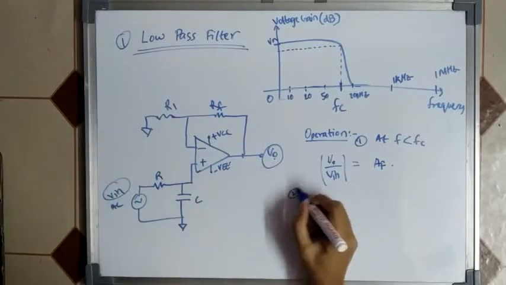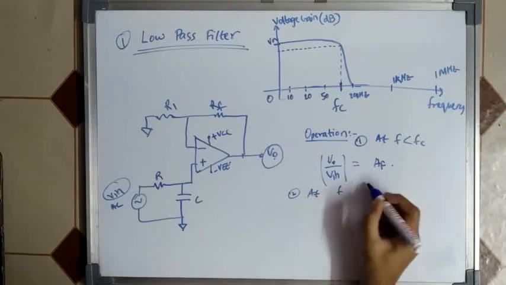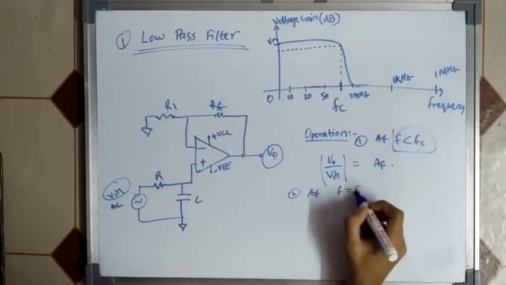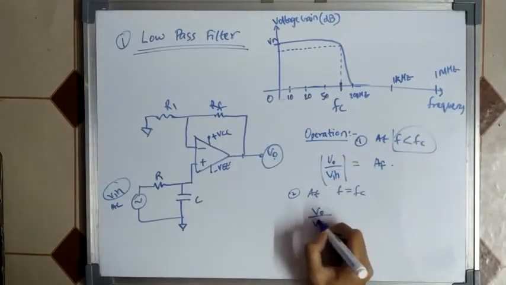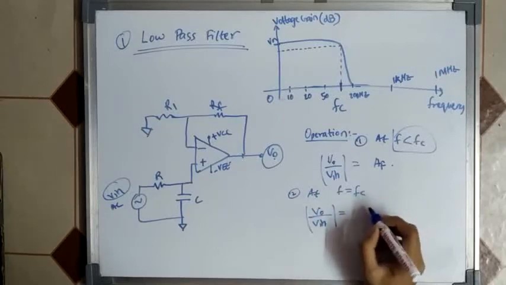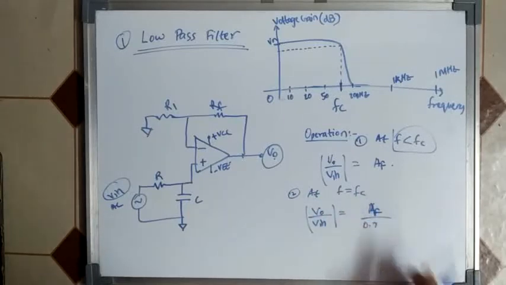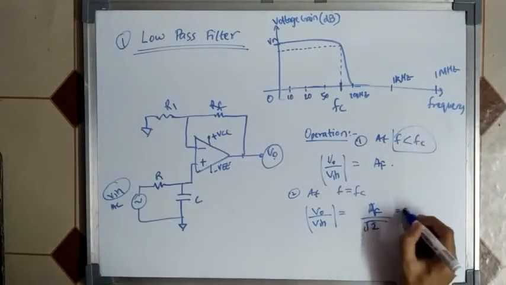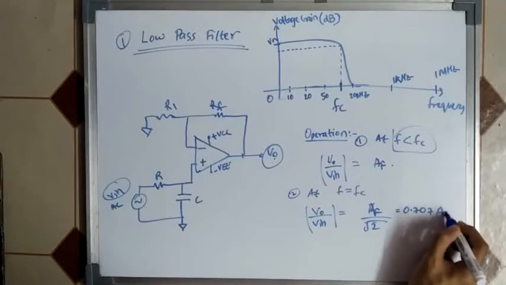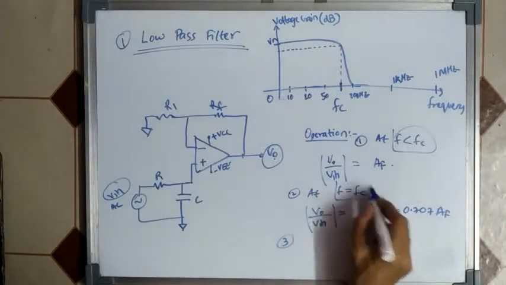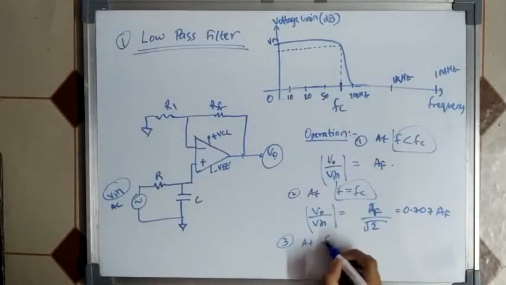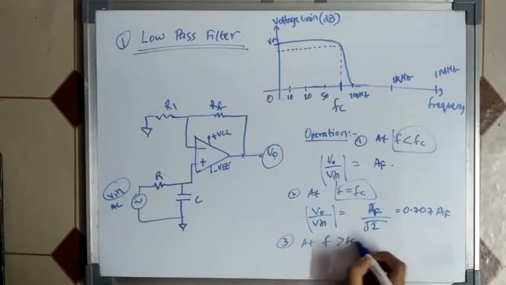Now at F equal to FC, what will be the gain? That will be AF upon root 2, which will be 0.707 into AF. Now at input frequency F greater than FC, what will be the gain?